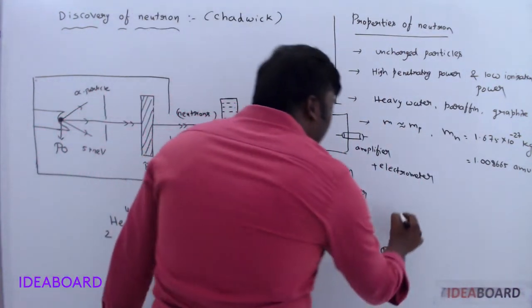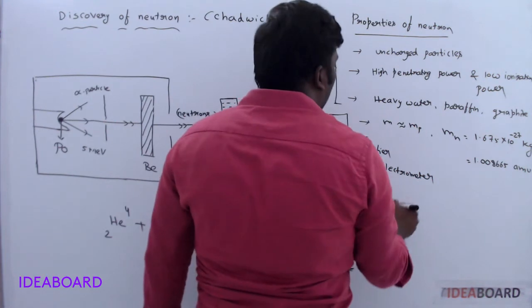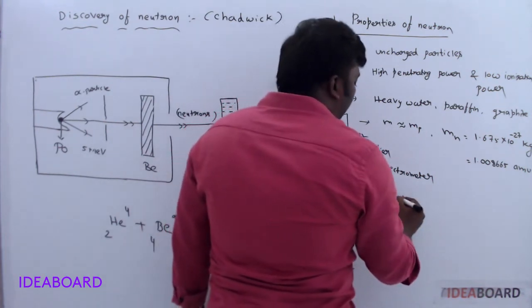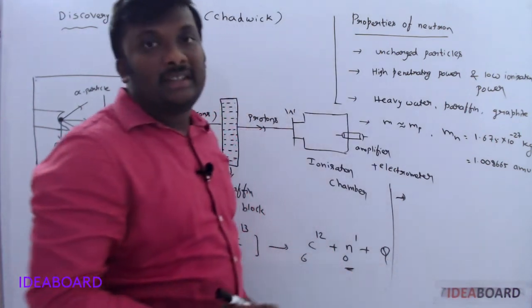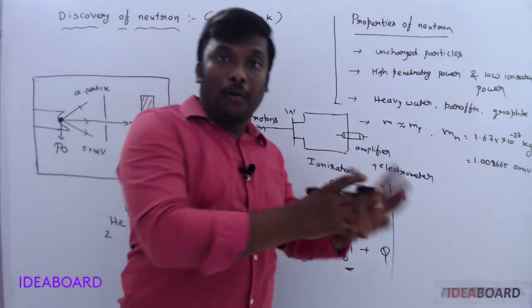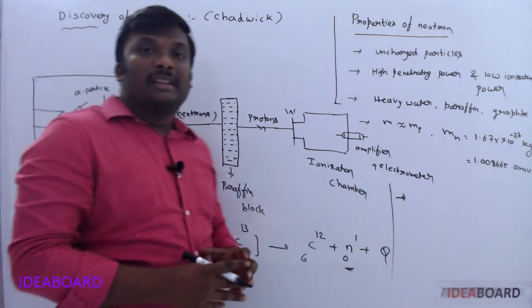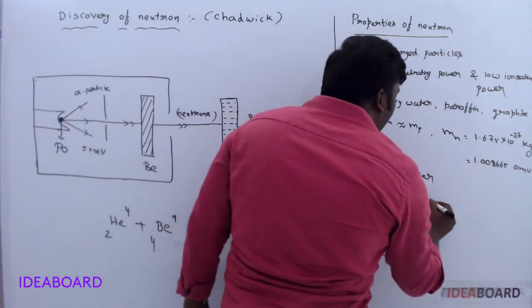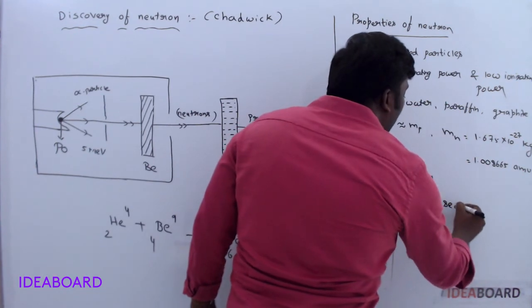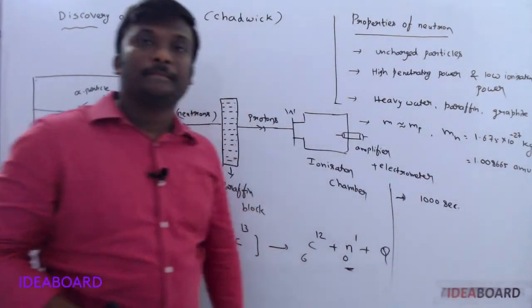Okay, and the last point was, neutrons are stable inside the nucleus, but whenever they come outside, they are unstable. Their mean lifetime is about 1000 seconds only.